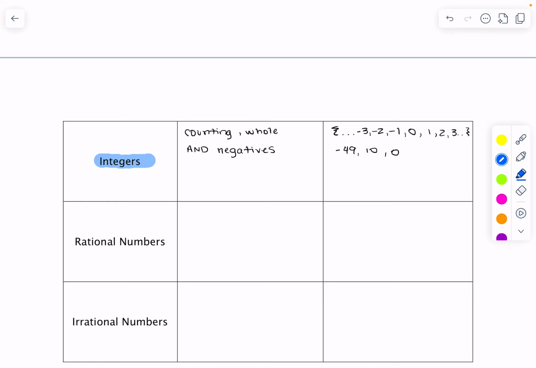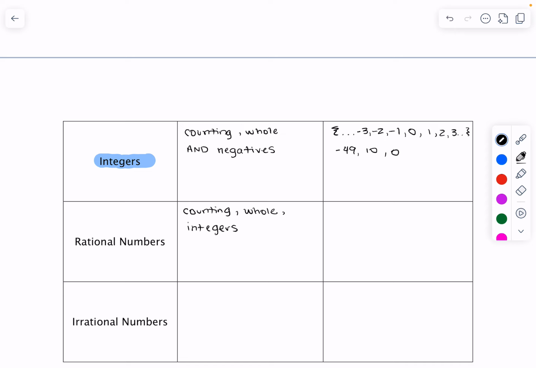The next set of numbers that we can lump everything into are rational numbers. This might be a new word you haven't heard before, that's okay. Rational numbers are a big set of numbers. Rational numbers are going to include your counting numbers, so 1, 2, 3, etc. It's going to include whole numbers like 0. It's going to include those integers that are your negative whole numbers and counting numbers.